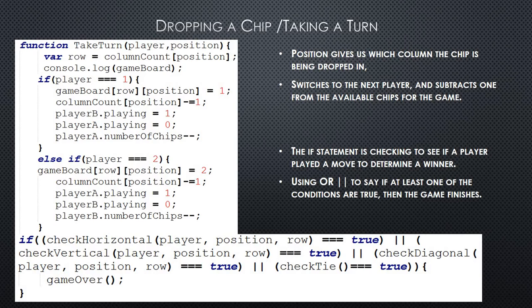Decrement: this is basically subtracting. We need to subtract one because there's one chip in that column now, so we move it up instead of adding one, which you might think. Since we're moving the chips from the bottom up, we want to subtract one.